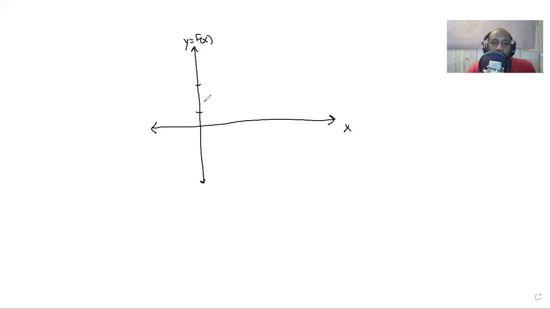This is the x-axis: 1, 2, 3, 4. Let's say you have something that starts at 1 and then comes down like that. We don't know the equation, the algebraic way of writing this, right now, but we see that this is a function.